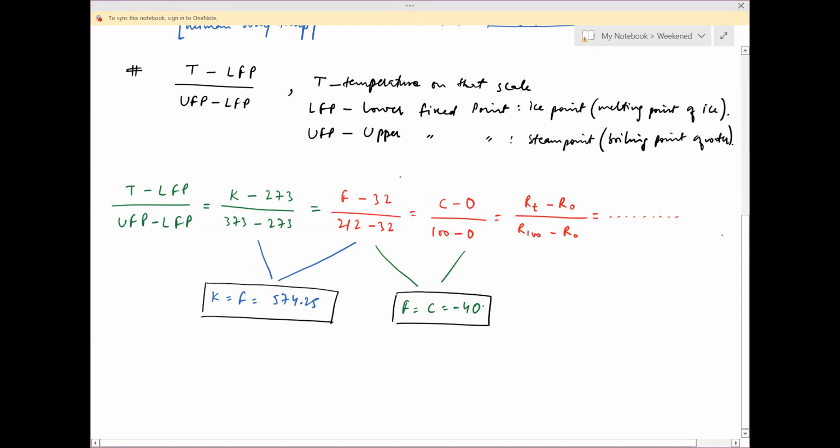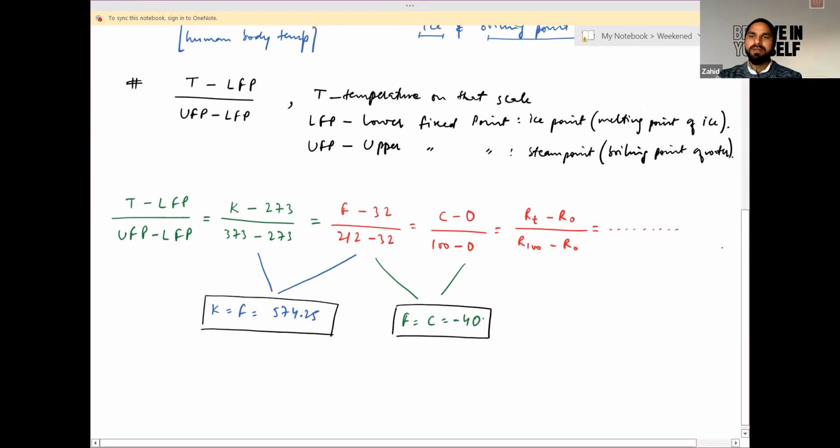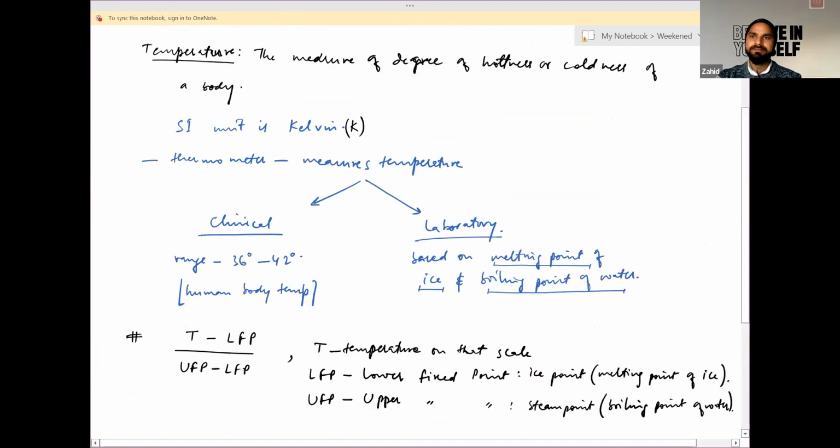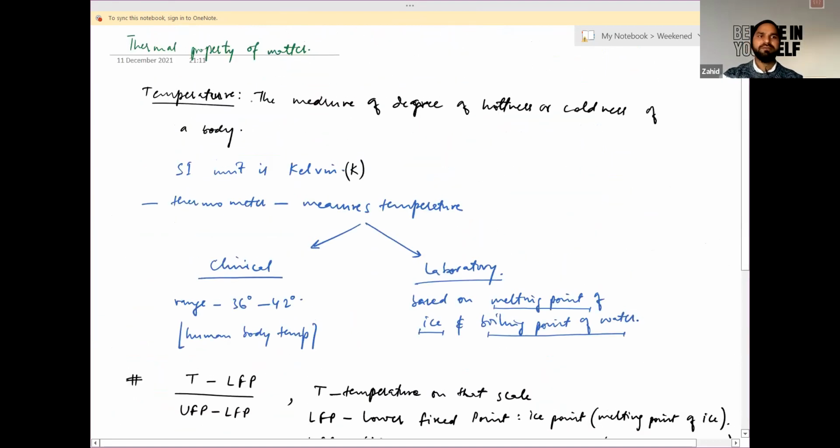Okay, sir, done. Okay. Abdul Wahid, we have just started the new chapter, that is thermal properties of matter, in which I had defined first temperature and then how to calculate temperature, that is called thermometer. So you may take a screenshot from this part.